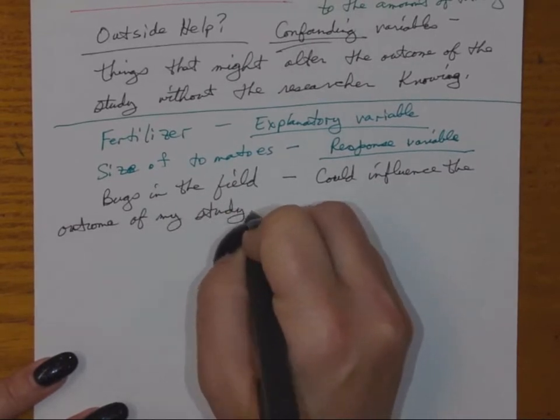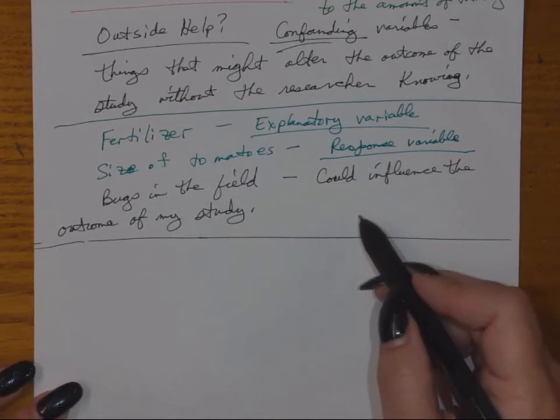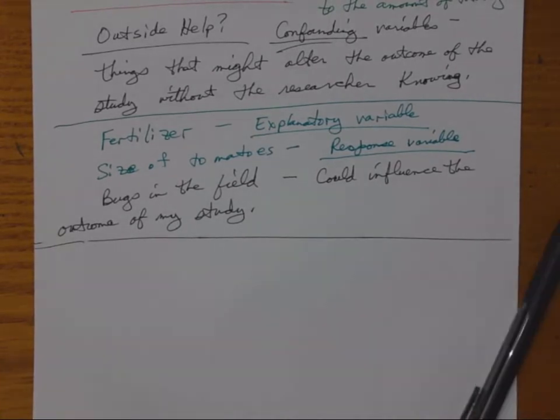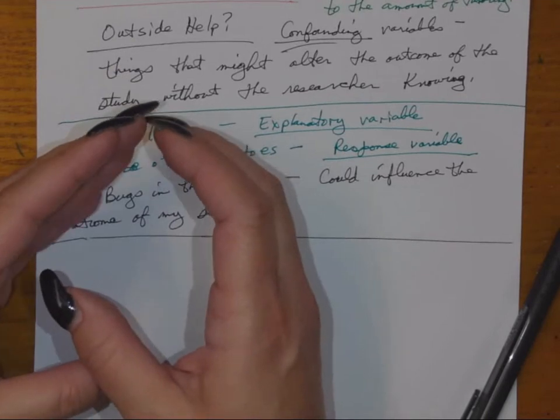If I did a really good job of planning my study, then one of the things that I would think about in advance is, well, what will I do if there are bugs in my fields? Okay, probably those bugs will attack both fertilized and not fertilized tomatoes. So one of the things that I might put in place that I could hold constant that way is I might say, well, over here is my treatment group that's getting the fertilizer.